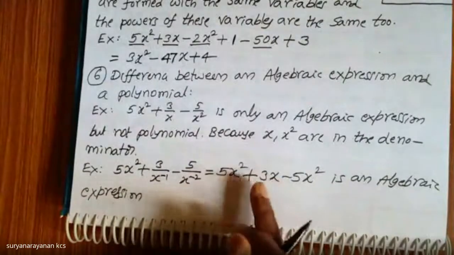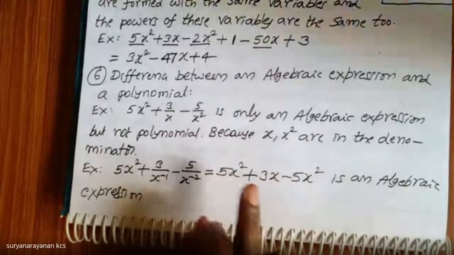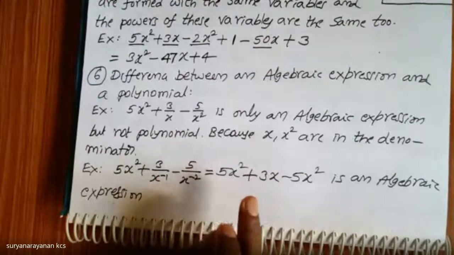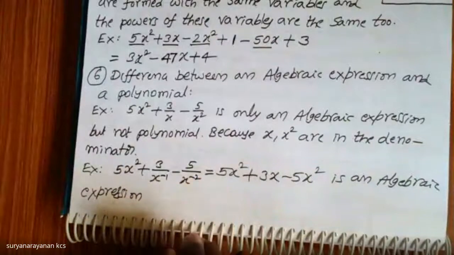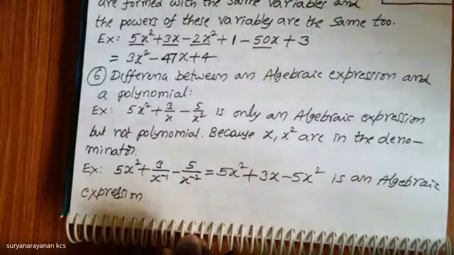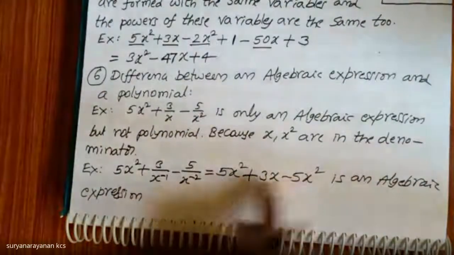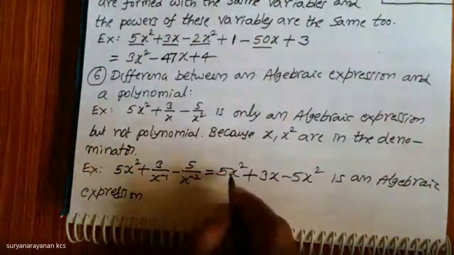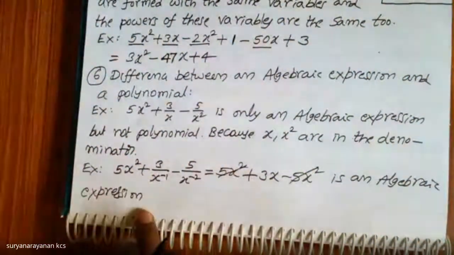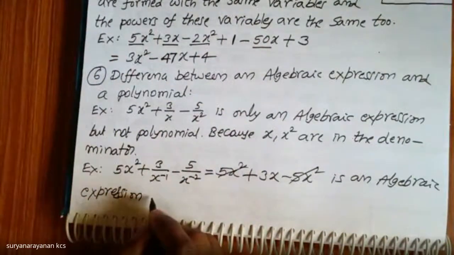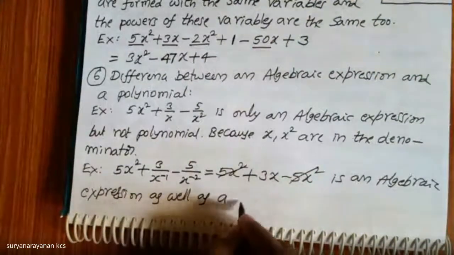Yes, sir, we can cancel those two terms. But here I'm focusing on what a polynomial is and what an algebraic expression is. Just to discuss this point, we can simplify these terms. 5x square minus 5x square gets cancelled. Finally, we get 3x. So it is an algebraic expression as well as a polynomial also.